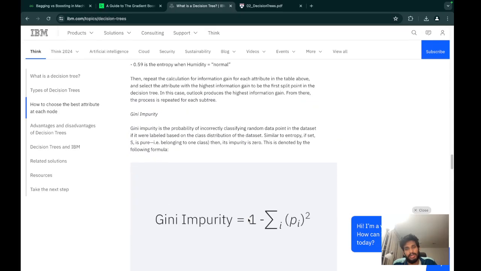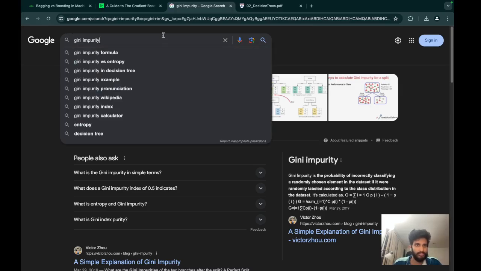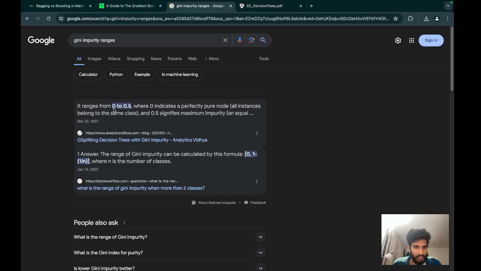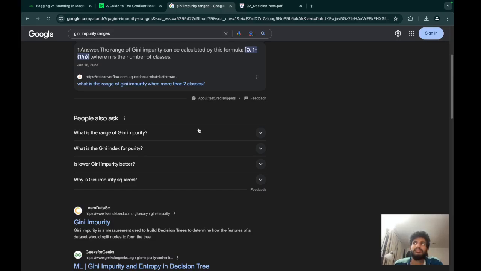So Gini impurity goes between 0 to 0.5. Okay, because it's 1 minus, so yeah, that makes sense.